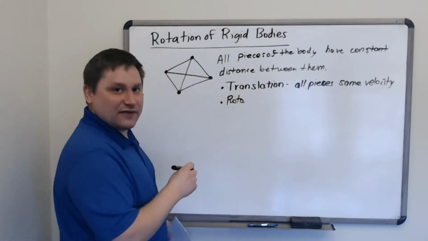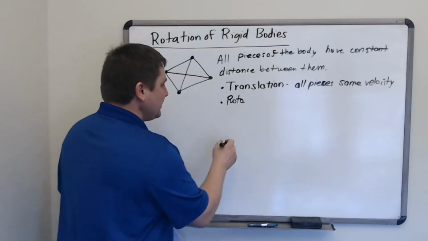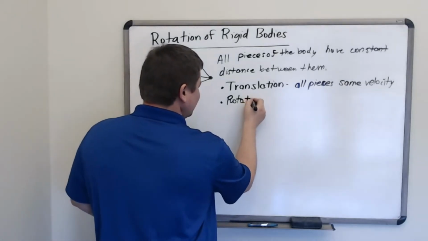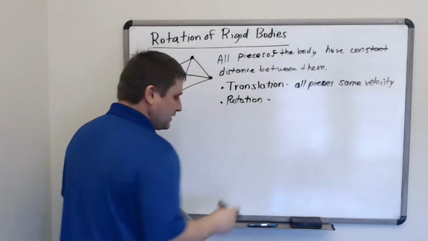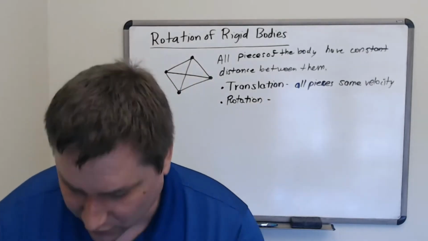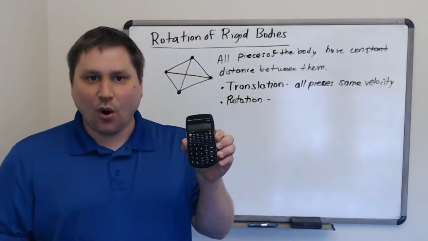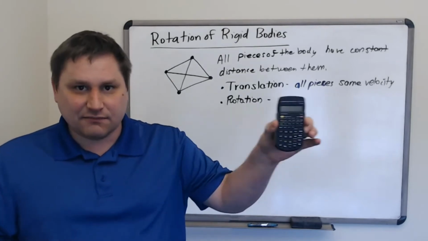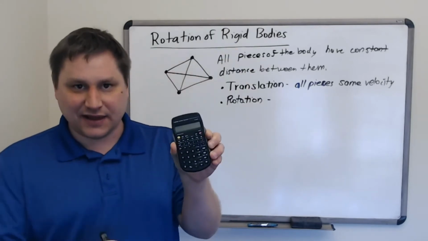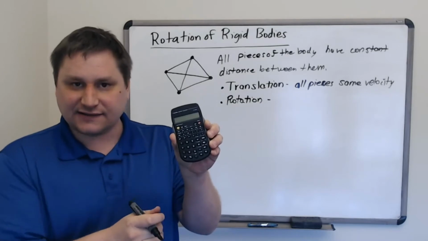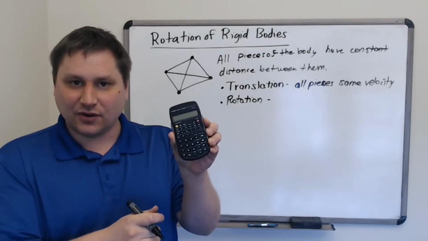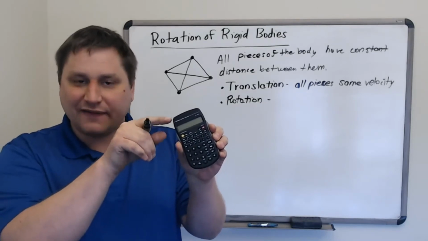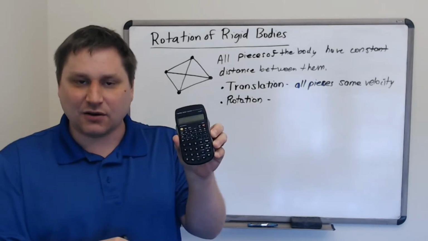The only other way that a rigid body can move is by rotation. And in rotation, what we mean is that overall the body doesn't have any motion side to side, up and down or anything. Its center stays at the same location, or there's some point on the object that stays at the same coordinates.